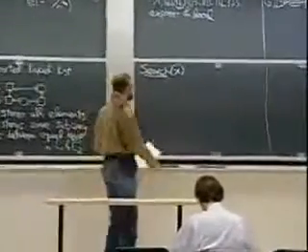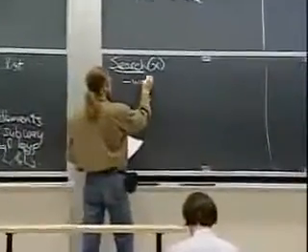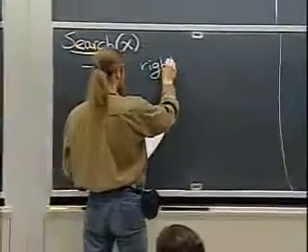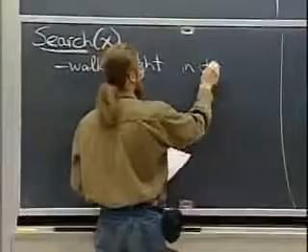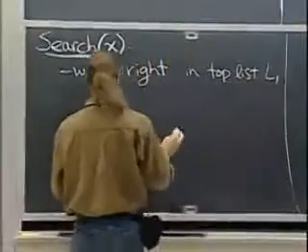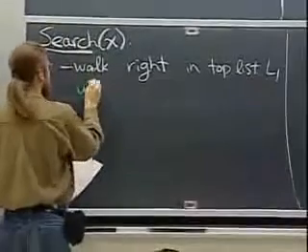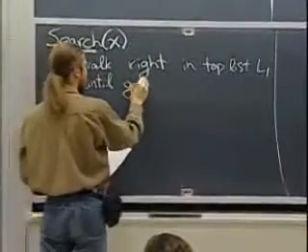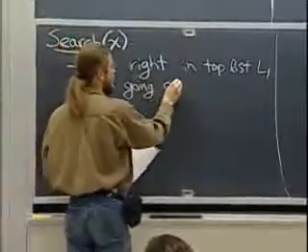That's clearly the right thing to do if you always start in the top left corner. So I'm going to write that down as some kind of algorithm, because we'll be generalizing it. It's pretty obvious at this point. I want to walk right in the top list until that would go too far.